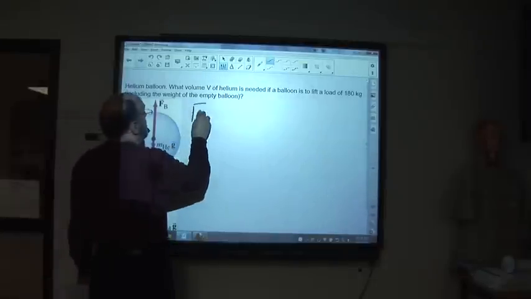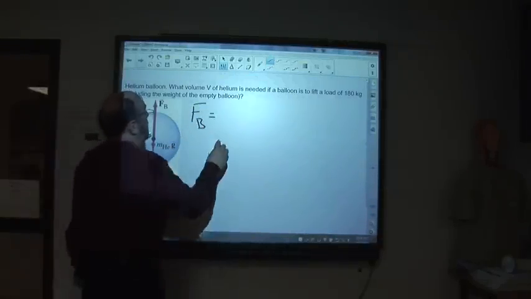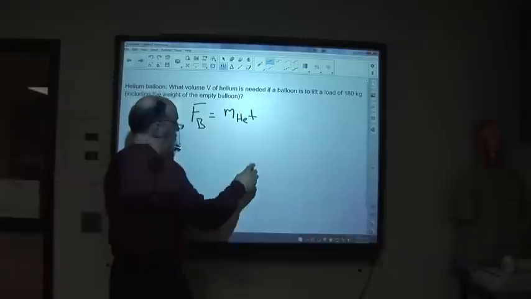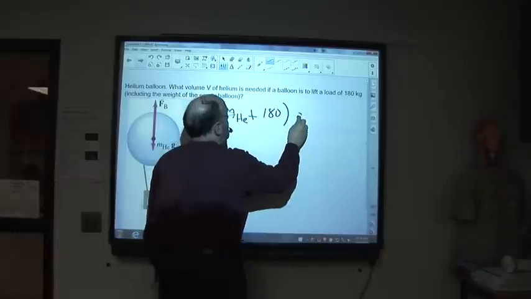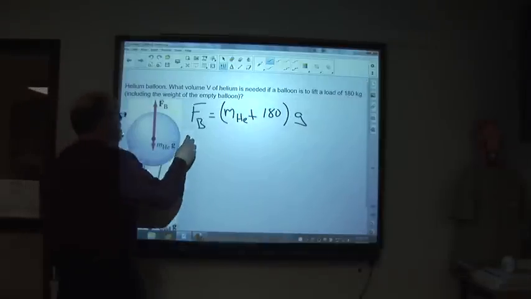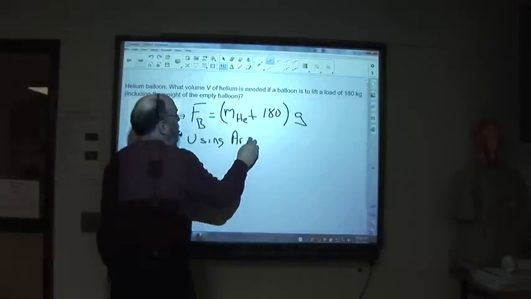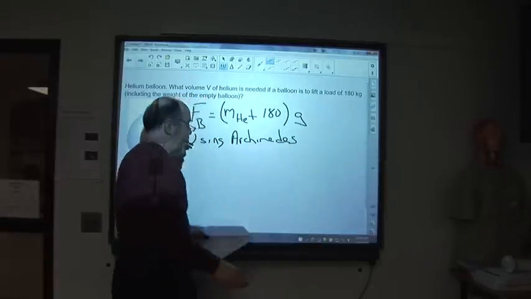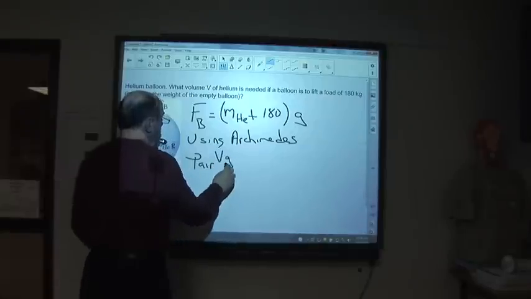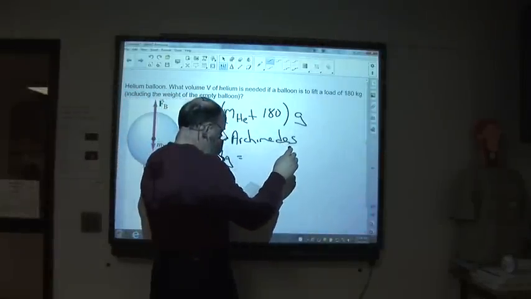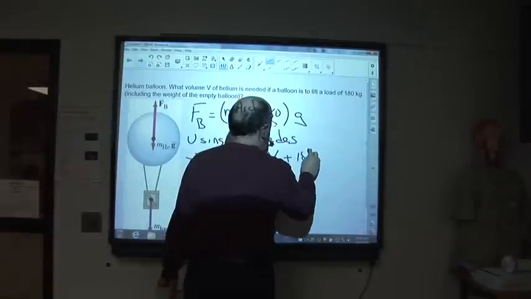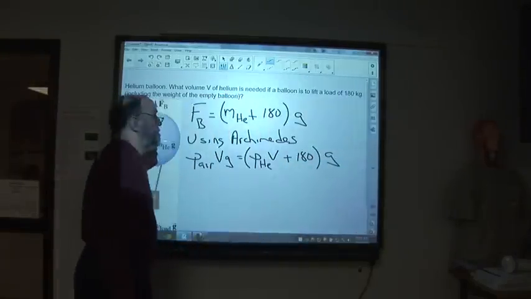So again, the buoyant force is going to be given by the mass of the helium plus the mass of the load, which is 180, times G. Well, by using Archimedes' principle, we get that the density of the air times V times G is going to equal the density of helium times the volume of the balloon plus 180 times G.